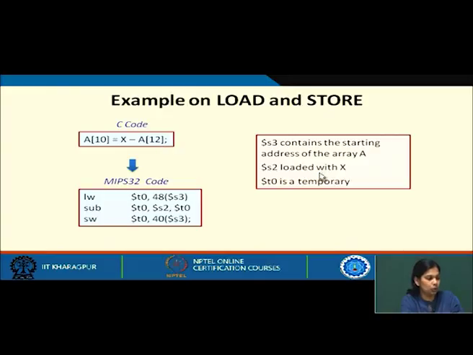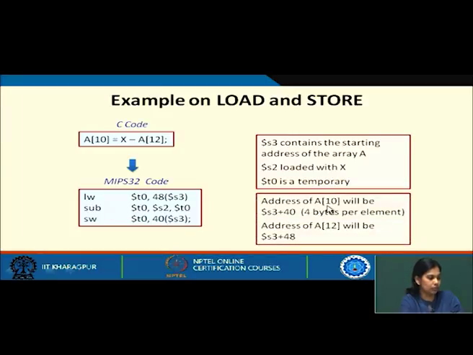S2 is loaded with x, and once we load this in T0, then this particular value, because in S3 we have the address added with 48, will be loaded in T0. Finally, we subtract it, store it in T0, and this T0 is stored in this particular location.